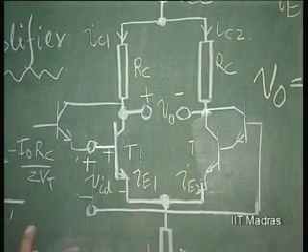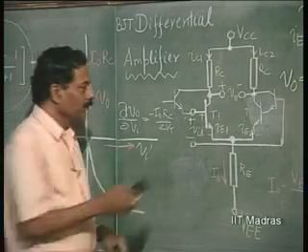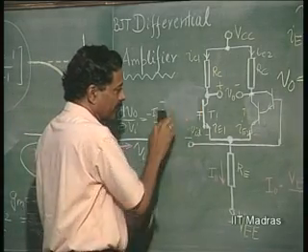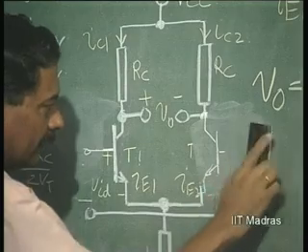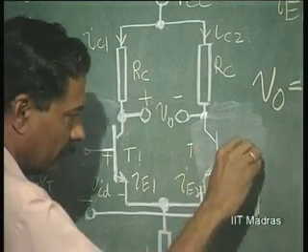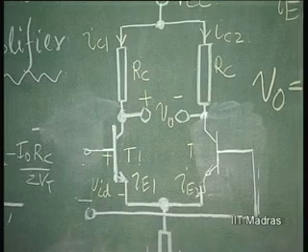So, the best for lowest input offset is a single pair, not these modifications. Never modify this, right. The best thing is just a single pair if you are interested in maintaining minimum offset.